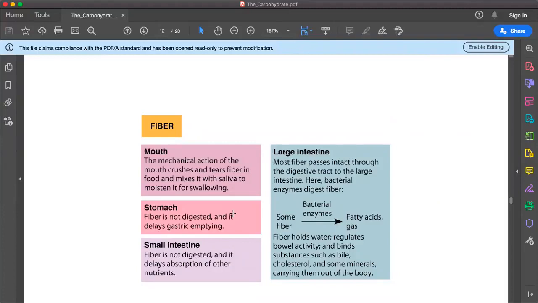What about regulation? Do you think there is any regulation process for the concentration of glucose? Of course. Glucose is tightly regulated in your body. When the level of glucose goes up, the pancreas starts to release the hormone insulin. Insulin interacts with different receptors in our cells to promote the movement of glucose from the blood into these cells.